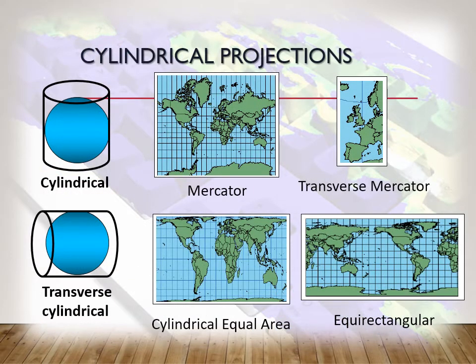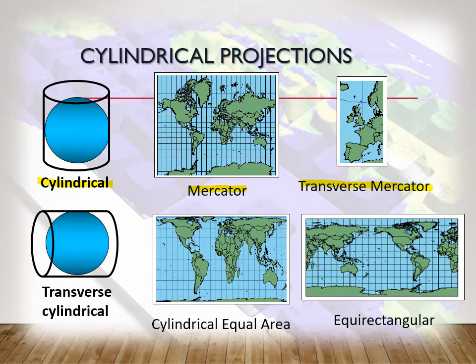So some more specific names. If we have a cylindrical projection and that cylinder is just like a coffee can or a soda can standing straight up, we can have Mercator, which is the one we talked about earlier, which is not really good, or we can have transverse Mercator, which is a lot more common.